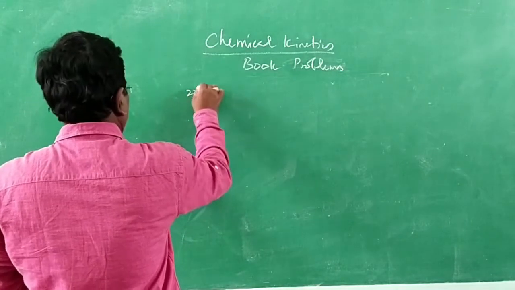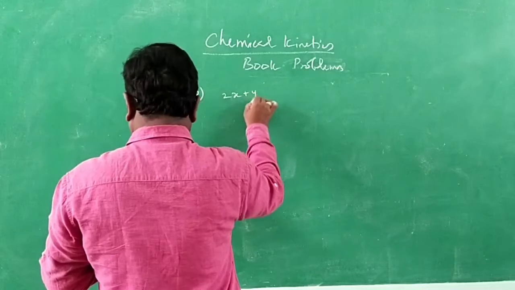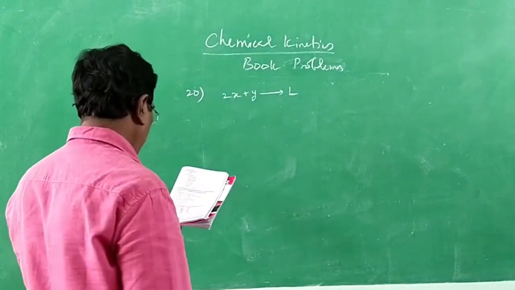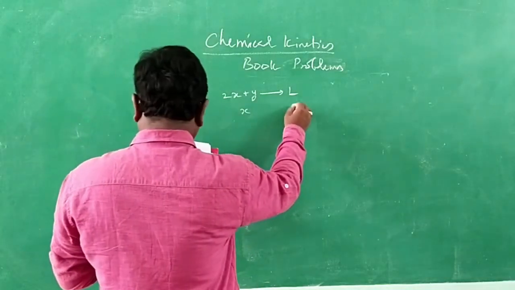Question number 20. For the reaction 2X plus Y gives L, find the rate constant from the following data. Of course, this can also be done as a mental sum.